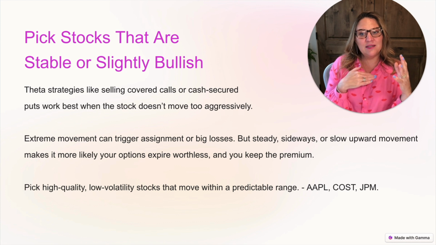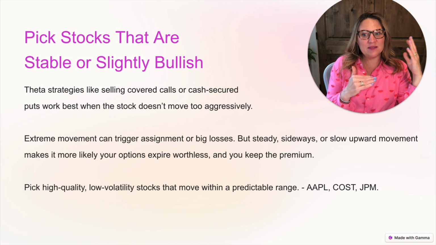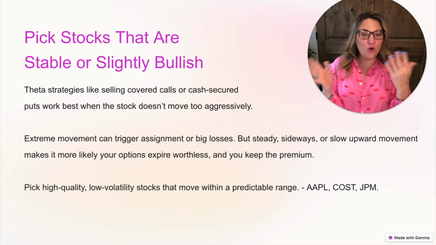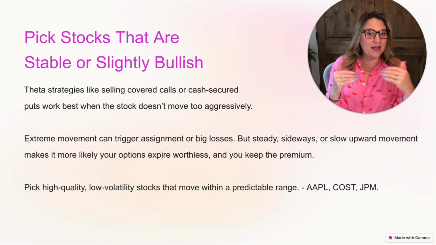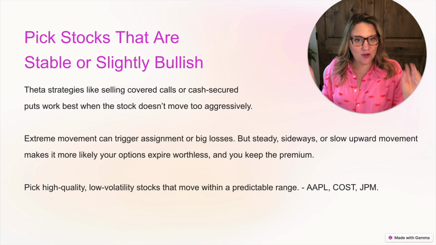Extreme movement can trigger assignment or big losses, like on the cash secured put side, but steady sideways or slow upward movement makes it more likely that your options will expire worthless and you keep the premium, or that you'll get called away on a covered call and collect some cap gains at the same time. That's also a big win.